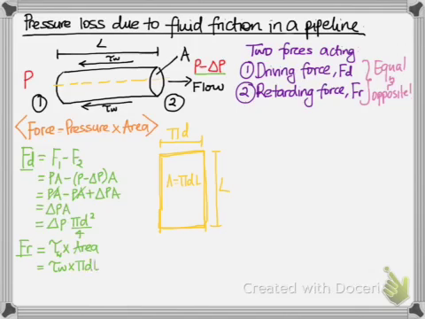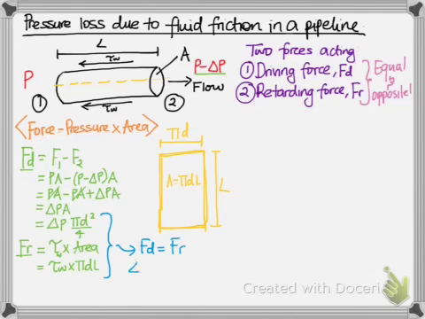Okay, so that's all very good. But now what we really want to do is combine these two values so that we can find out what delta P is in terms of pipe geometry and shear force. So we're going to equate those two values, and we have that FD is equal to FR.